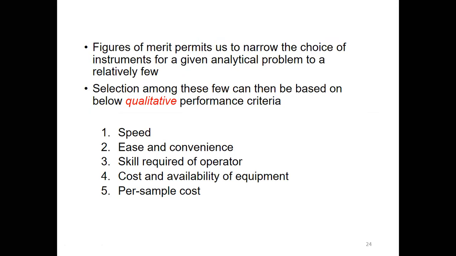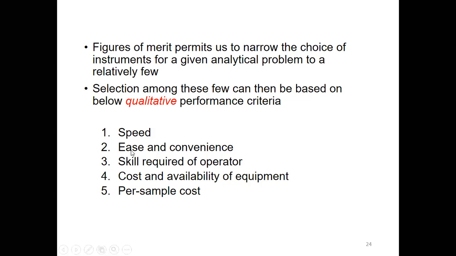And other than the listed instrument performance criteria, the figures of merit, those are the quantitative things. Listed here are some qualitative instrument performance characteristics that you have to pay attention to when you select the analytical method. The first thing, speed of the instrument, whether it is time consuming or time saving, we should pay attention.